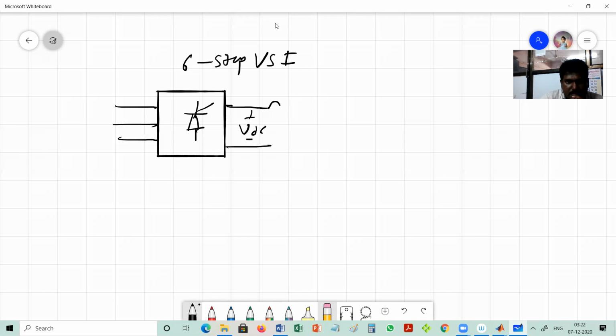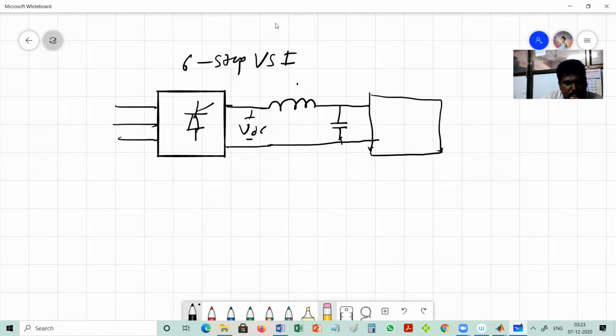This is given to the six-step inverter through this LC filter. This is an inverter, maybe an IGBT based inverter is used.